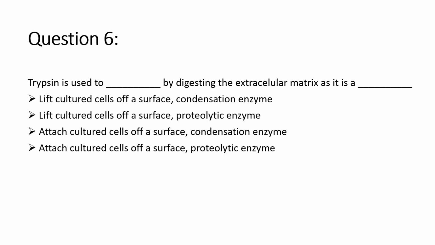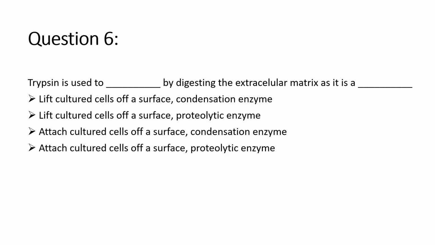In some of our early sessions we had discussed the basics of cell culture, and there we had discussed the enzyme trypsin, which is used to degrade the cell-cell interaction and cell-matrix interaction, and obtain a single cell suspension of cells.